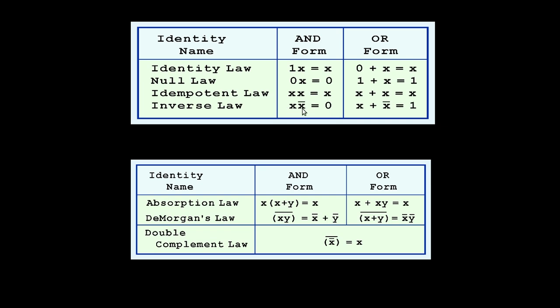X and the invert of it, x and not x, is going to give me 0 always. And if x was 1, not x will be 0. This will give me 0. X or not x will give me 0 or 1, 1 or 0. This is going to be 1.